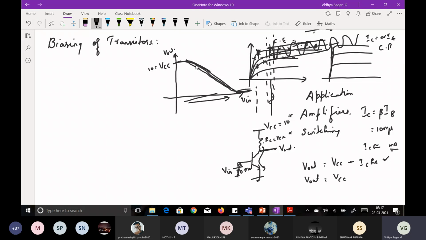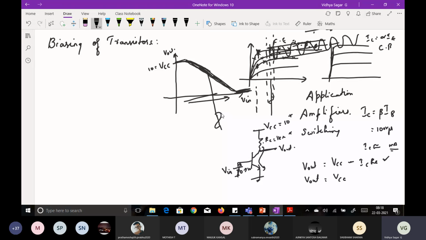Exactly. So you are going to use your transistor in this region only. Why? Because this is under off state, this is under on state, so you have a transition from high to low. So I could apply my input somewhere over here. That is what I'm trying to say: a small signal is applied.